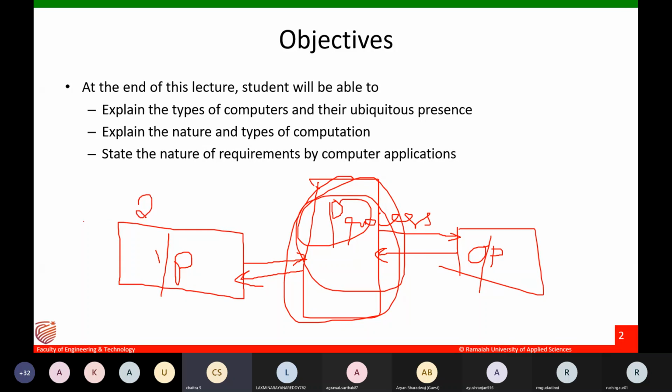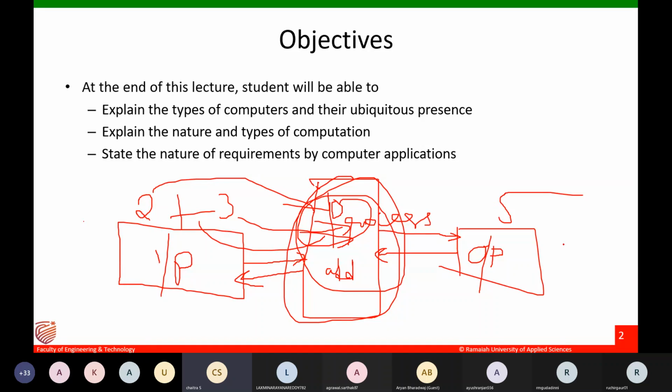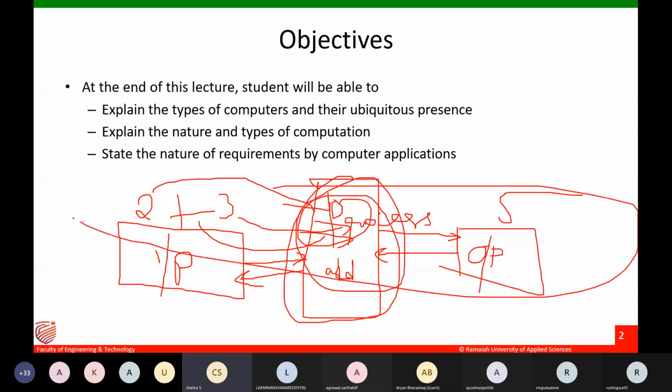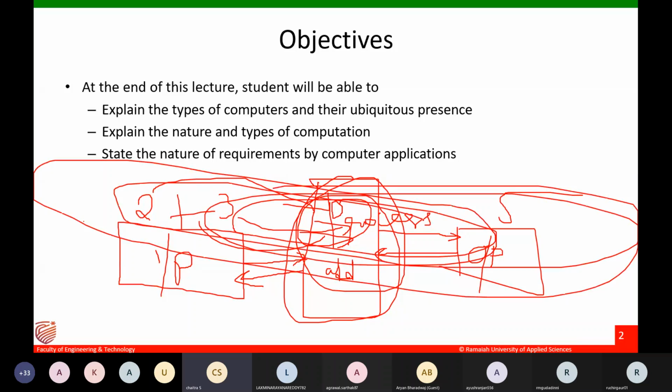For example, if I give 2, 3 and plus as a symbol, what will your processor do? It takes 2 as an input, plus as an operator, and 3 as another input. It performs addition using the arithmetic and logic unit, and it gives you the output. Total output is 5. So this is the basic scenario of what our computer does.